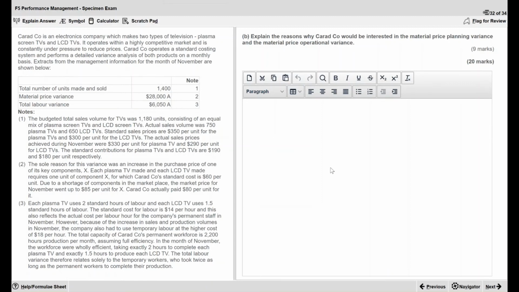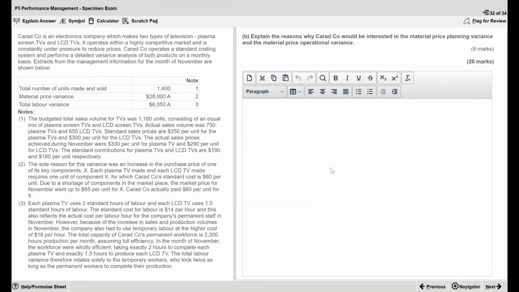They're asking, explain why CARET-Co would be interested. Remember, every theoretical explanation you give, you have to link to the question. But even though the examiner says that you have to link it to the question, some information will be general. So you give a general explanation of the thing, and then maybe link it to the question if it is linkable.